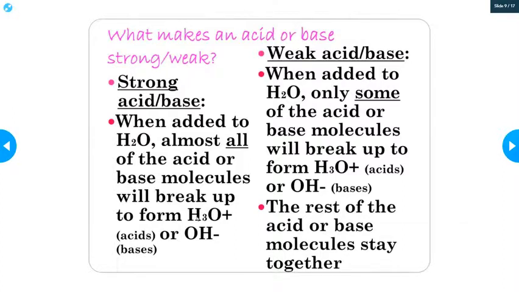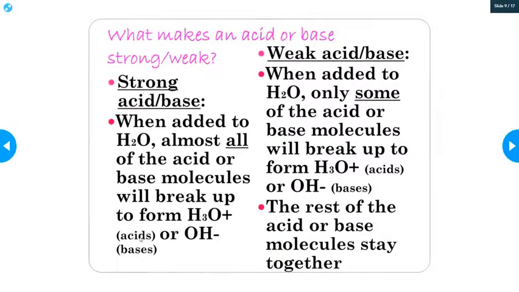So we're going to have a lot of ions in there. The only way we can form these ions is if that acid breaks apart and gives off that hydrogen, because that's what acids do. So that's the only way that we can form our hydronium ions. The more hydronium ions there are, the stronger the acid is going to be.